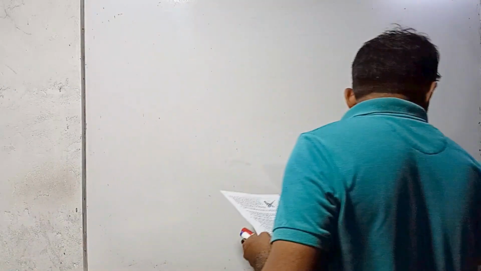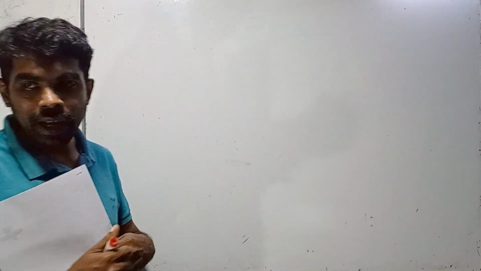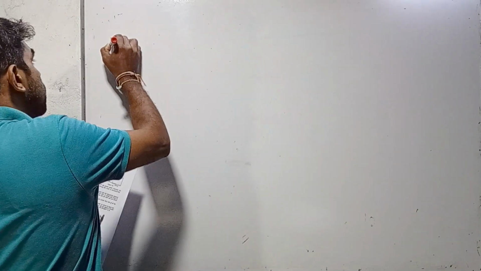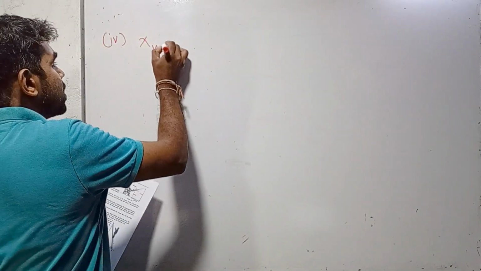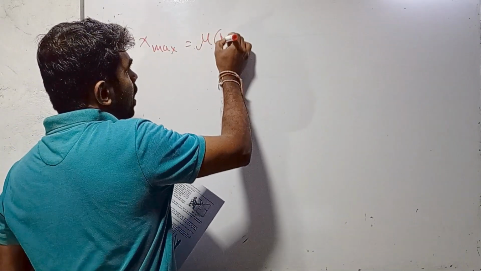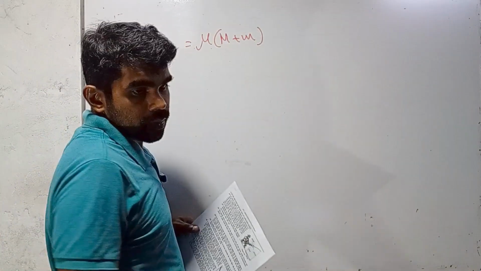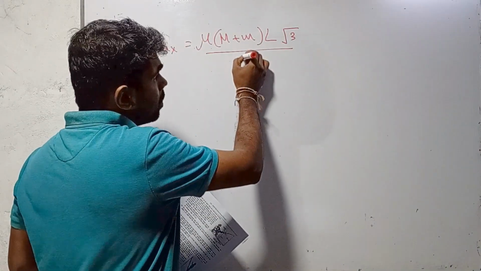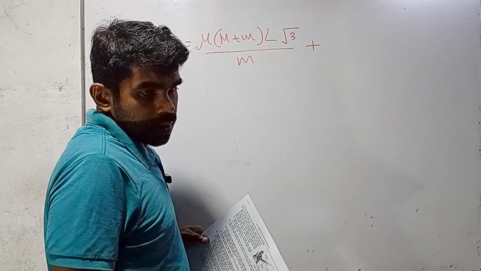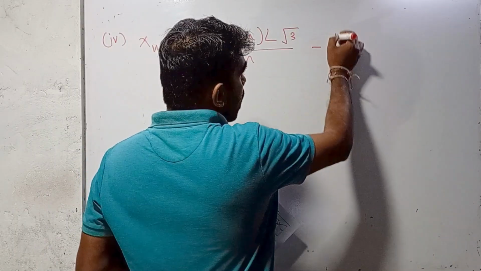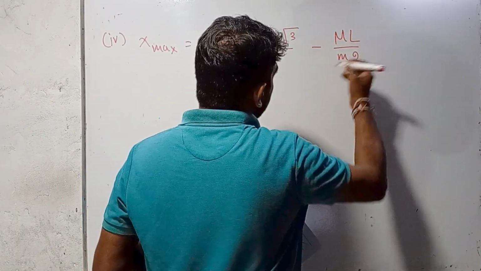Again we have to use the same equation, but now we have to find the frictional coefficient mu value. Then I will write again part 4. You know that x max equals (mu capital M plus simple m) L root 3 divided by simple m, not plus, it should be minus, ml over simple m over 2.